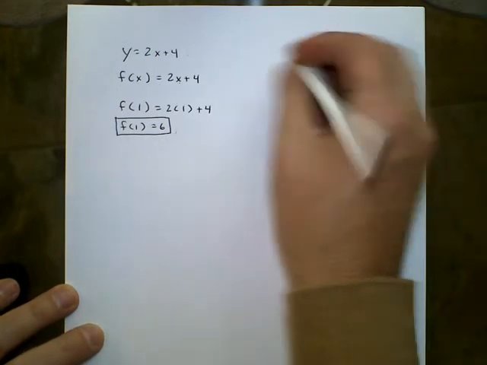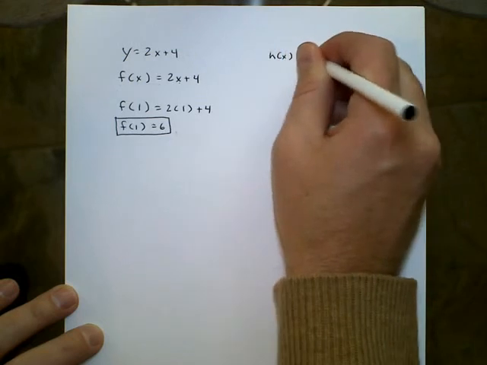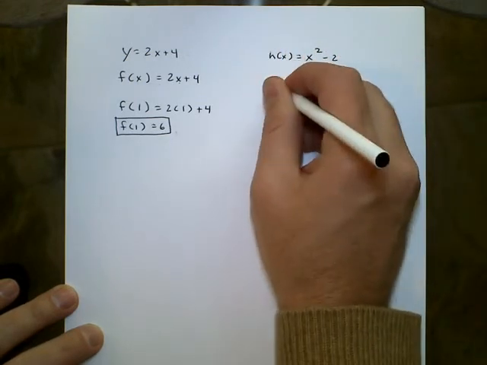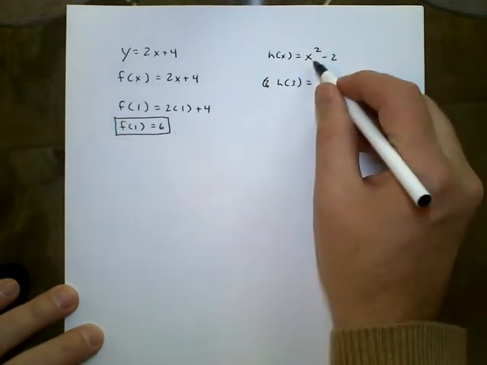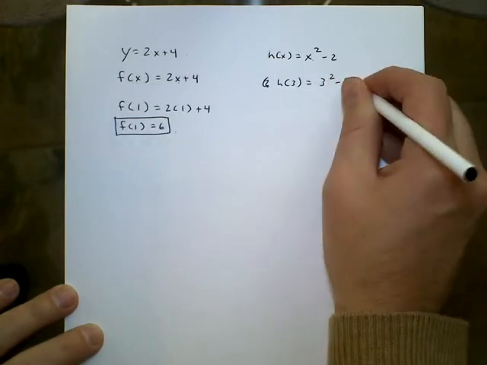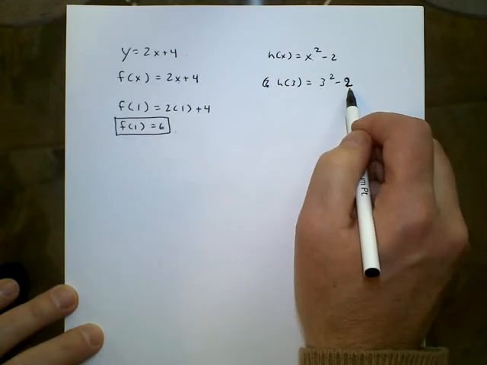So let's say we had a different function. Let's say that h of x was equal to x squared minus 2. If we wanted to find h of 3, we're going to plug 3 in here. That's going to be 3 squared minus 2. So it's going to be 9 minus 2, which is 7.